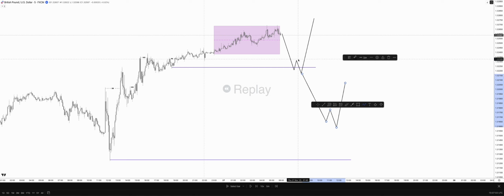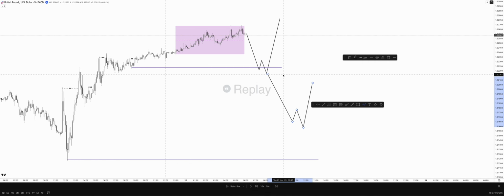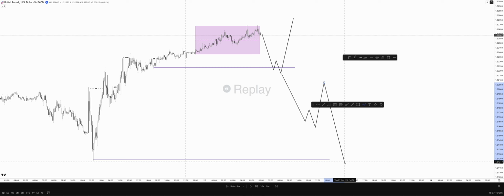No, because we've not reacted straight away. The likelihood is now that we will continue, maybe find something like red to look for continuation shorts, and our next point of call would be this point, okay, like so, and then we could expect reaction from there.